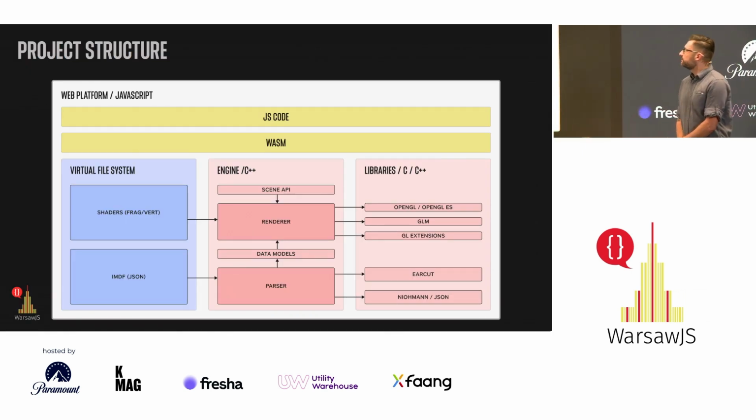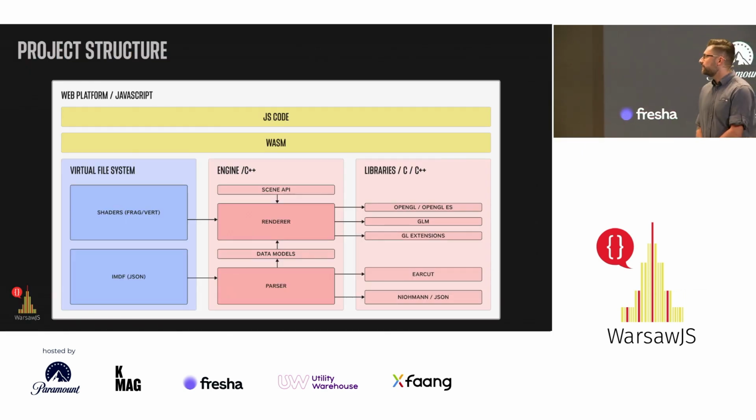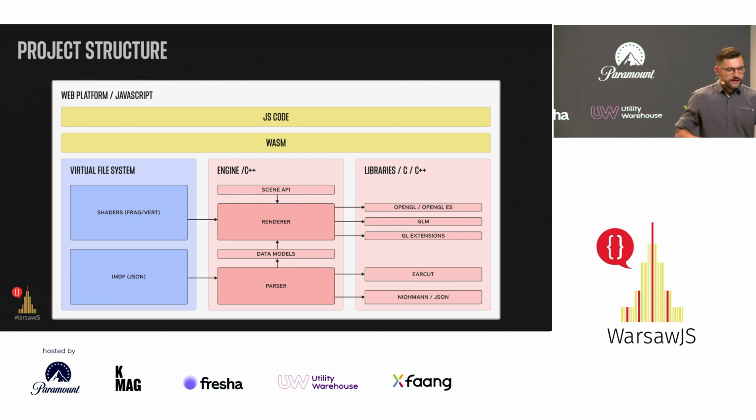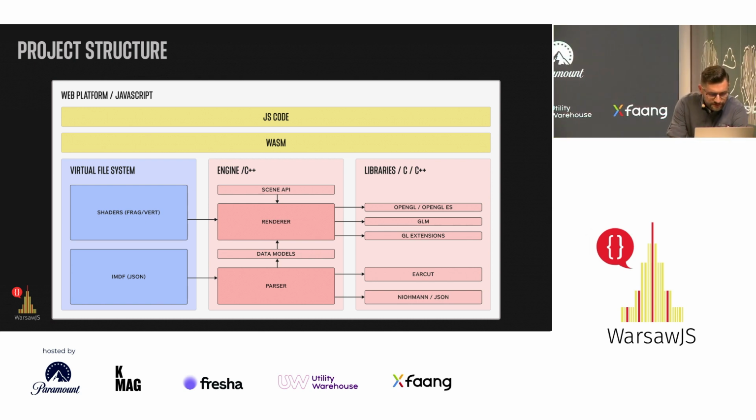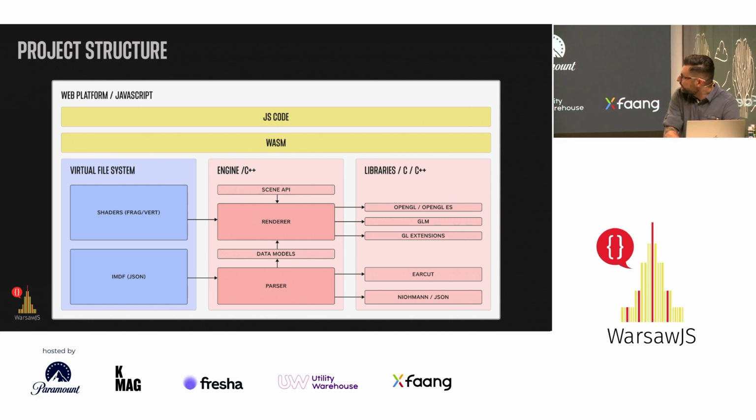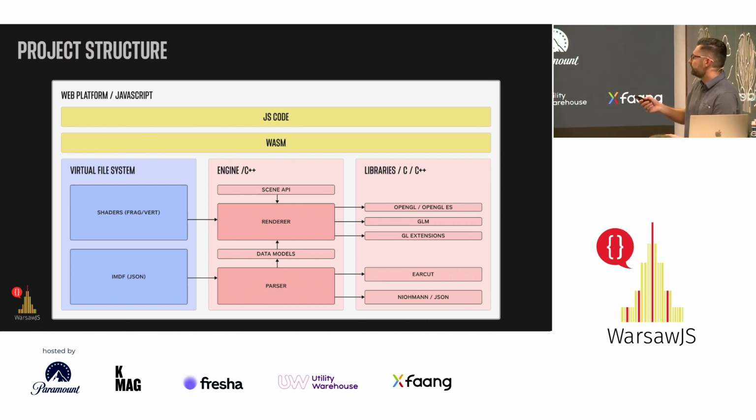And here is an overview of the architecture. Let's start here. There is IMDF vector data. It goes to the parser. The parser builds a data model from it. They go to the renderer, and on top of this there is the Scene API, which is the interface for the user of the library.